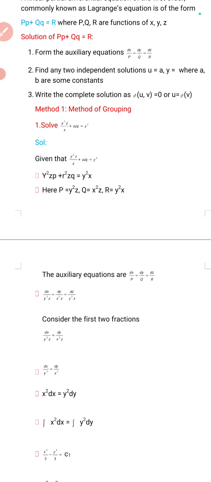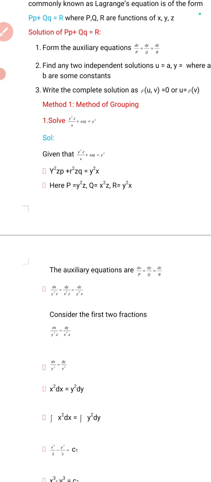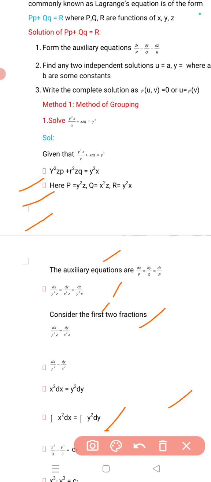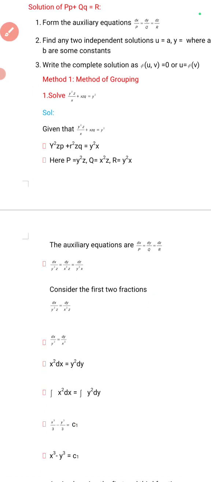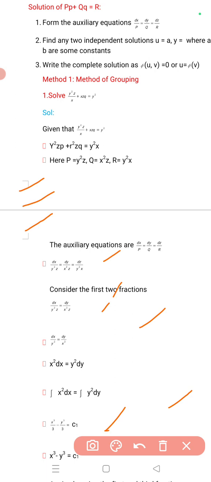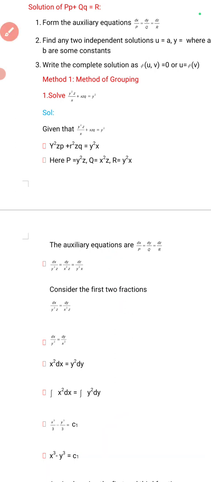How many fractions do we have in total? Three fractions, and here I am grouping the first two fractions: dx by y square z equal to dy by x square z.